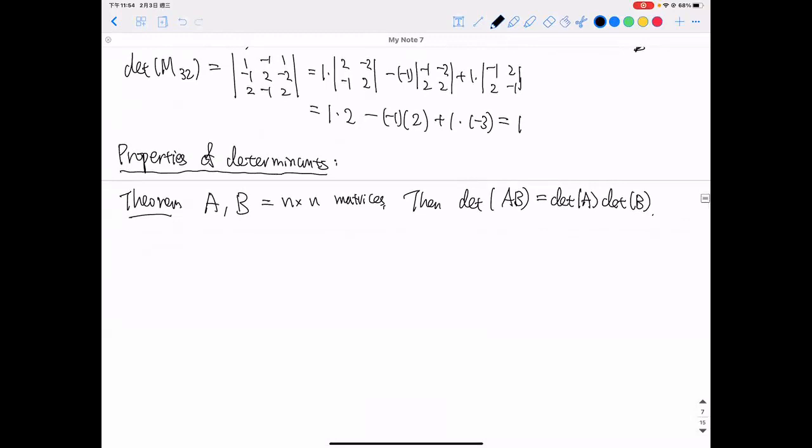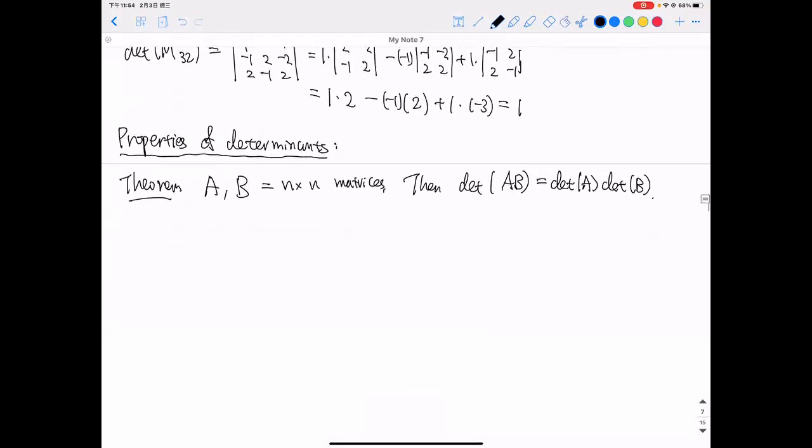Well, we're not actually going to prove this in general, but let's just check the 2 by 2 case.